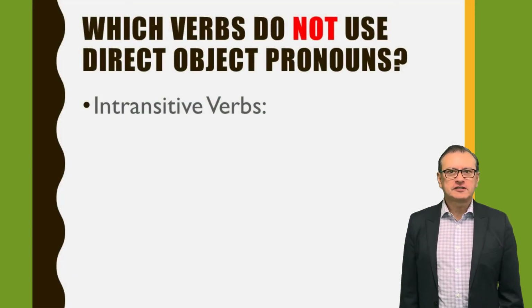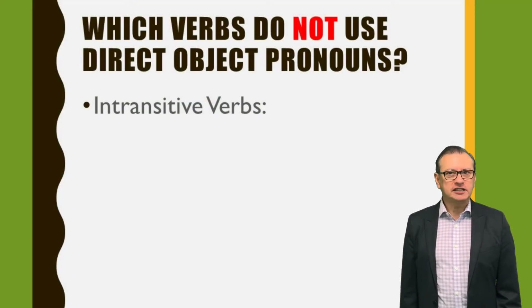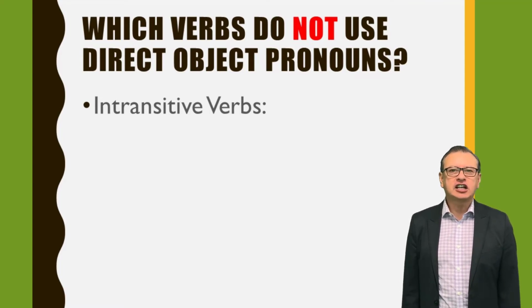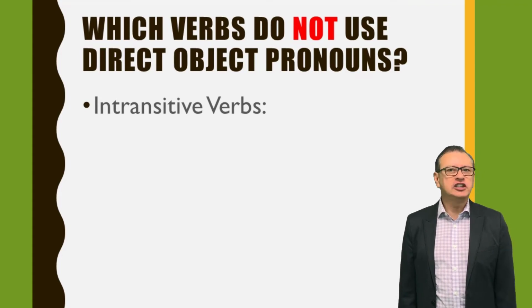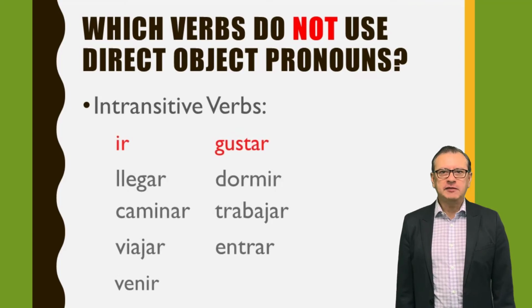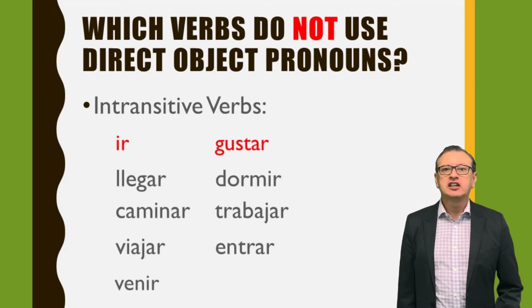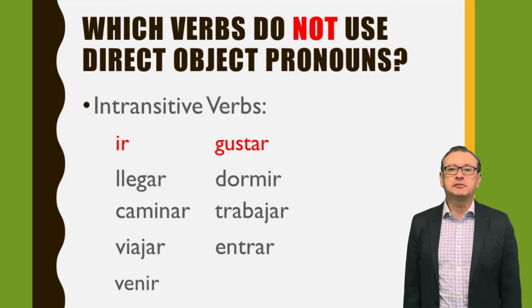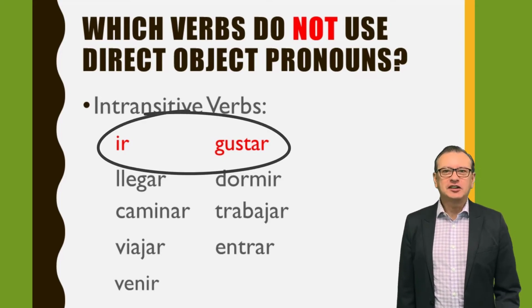Not all verbs require a direct object. Those verbs that are not transitive are called intransitive verbs. And here is a common list of verbs that will not accept a direct object. I highlighted these two main verbs because these are the most common ones for people who have a little bit of doubt before they use the direct object pronoun. Ir and gustar.